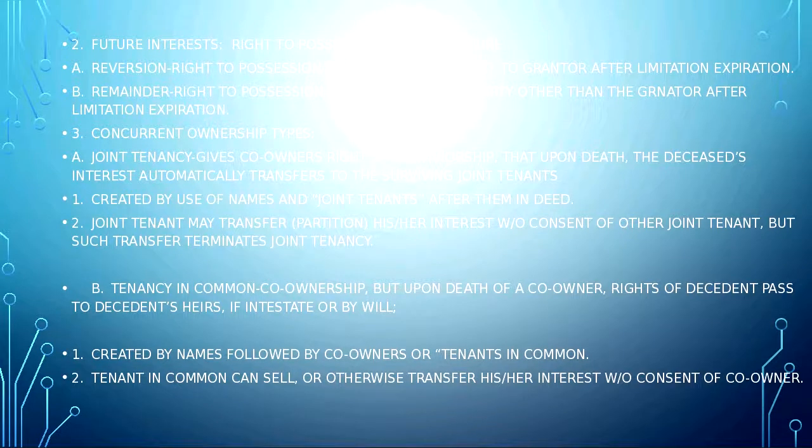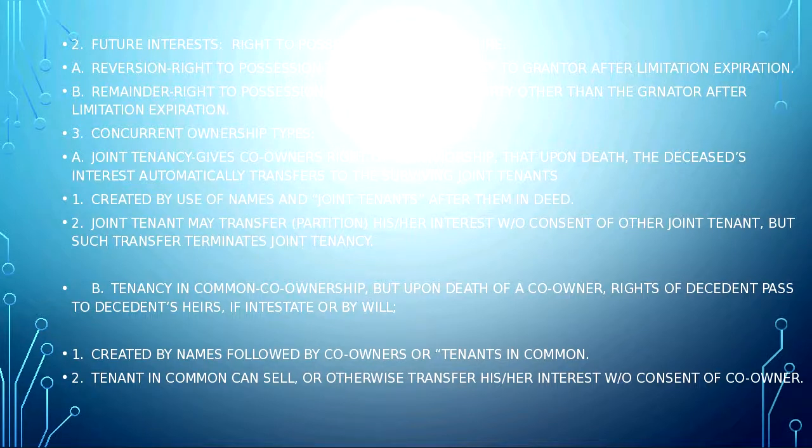A second type of tenancy is referred to as tenancy in common. This is where we have co-ownership of the property, the real estate, but upon the death of a co-owner, the rights of the decedent pass to the decedent's heirs. You see the difference between tenancy in common and joint tenancy. So in a tenancy in common, how do we create that?